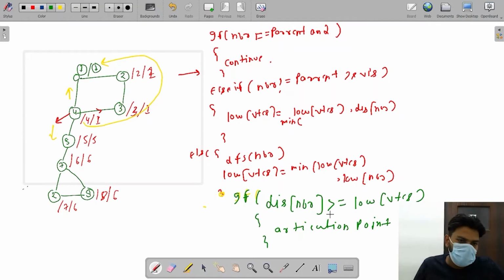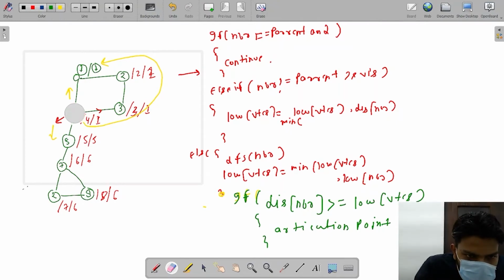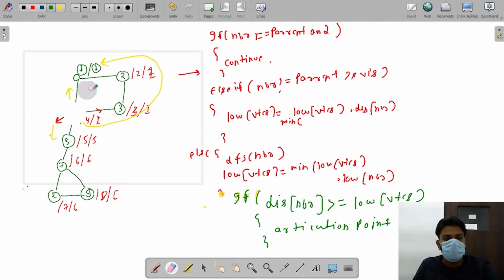Why is this your articulation point? Because at the stage of 4, this is your parent, so we have to ignore this path. After that, 4 has two neighbors: this is your first neighbor and this is your second neighbor. When we ignore this path, when we remove this 4, the graph is divided into two parts. This would be the articulation point. But why do we compare this?